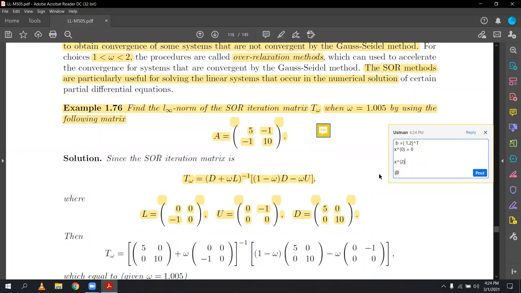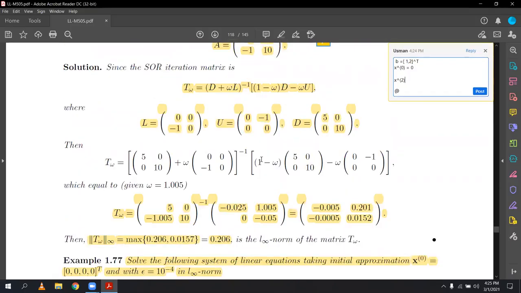How can you find this one? Definitely you have to use the formula. The only thing you have to calculate is omega. And you know, to calculate omega, what do you need? You need the spectral radius of the Jacobi iteration matrix, because we have to use it in the formula to find omega. So directly he can ask you to find this one also.